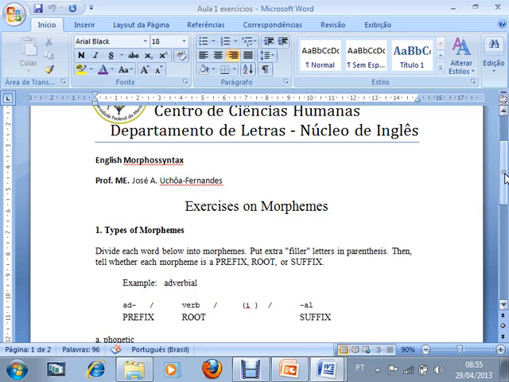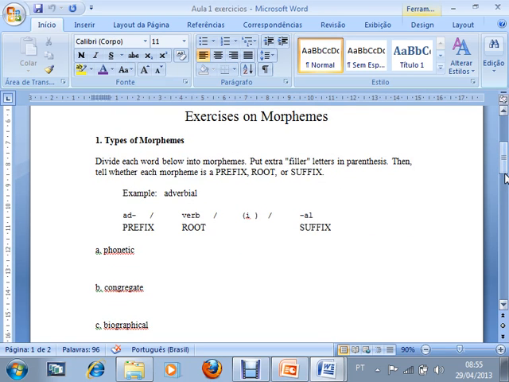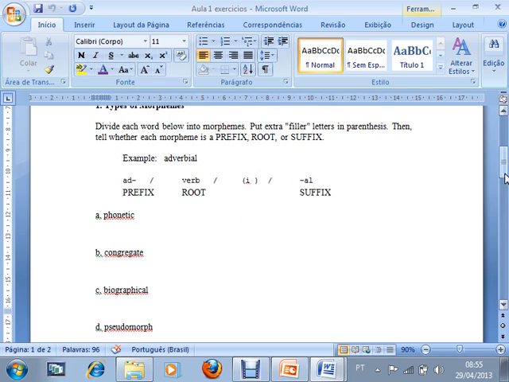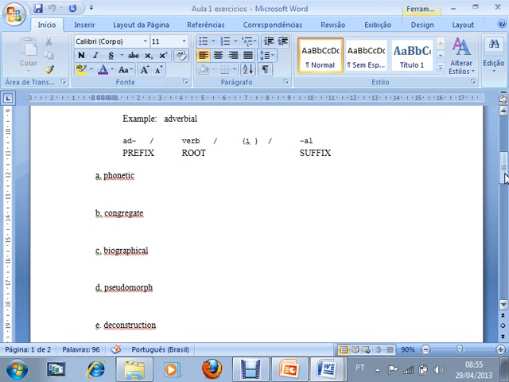It's just for you to practice your intuitive idea of a morpheme. So we have the words phonetic, congregate, biographical, pseudomorph, and deconstruction, so that you split them.